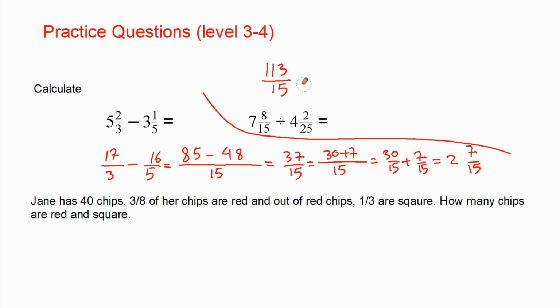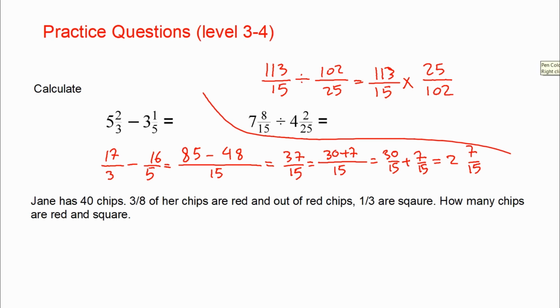I'm just going to correct this. It's a division, dividing by 4 and 2 over 5. 4 times 25 is 100, plus 2 is 102, divided by 25. So this would be 113 divided by 15 times the reciprocal, 25 divided by 102.